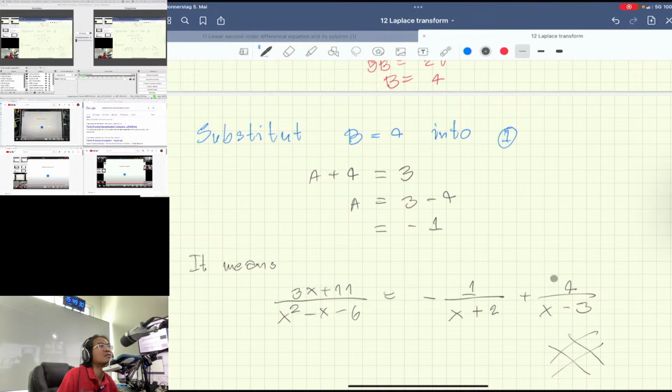Partial fraction calculator. Okay, partial fraction of 3x plus 11 over x squared minus x minus 6.